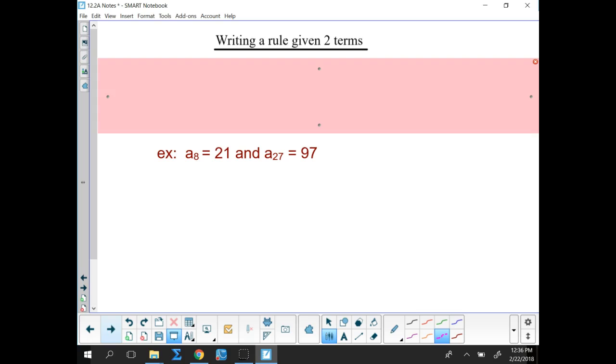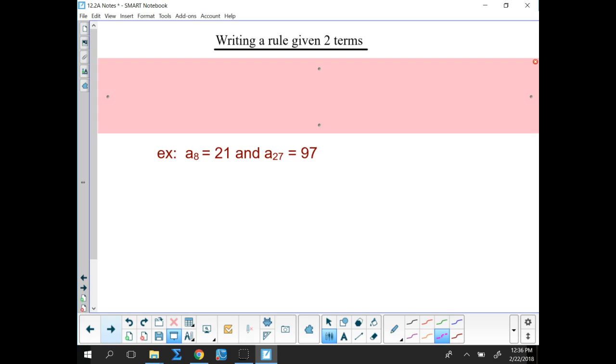So, the last of the types of problems that you will see is writing the rule given two terms. So now you have two terms in the sequence. Okay?